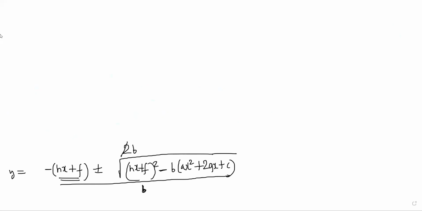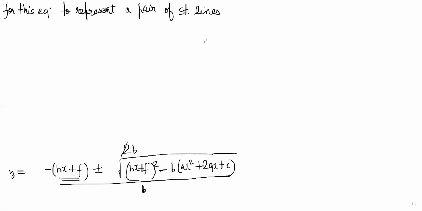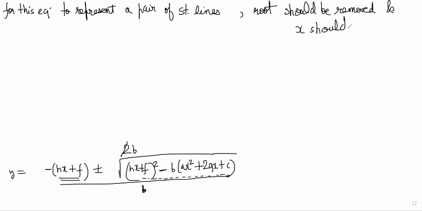So we are saying that for this equation to represent a pair of straight lines, the thing inside the root should be removed in some way, and x should have power 1. X should be linear, correct? Power should be 1.